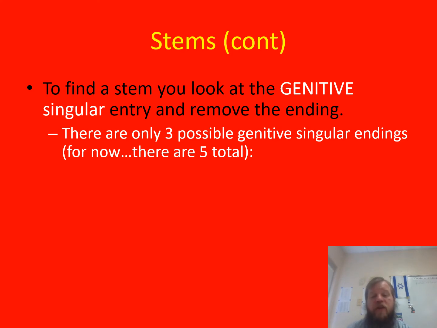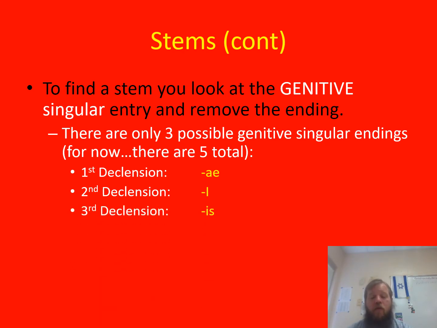Every genitive singular for right now is going to end either in the letters AE, remember puella, puellae, or it's going to end in the letter I. This is servus was the nominative, servi was the genitive. Or it could end in IS, pater, patris. So your genitive singular is always going to end AE, I, or IS.